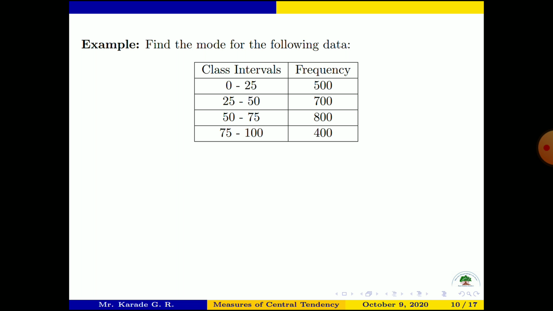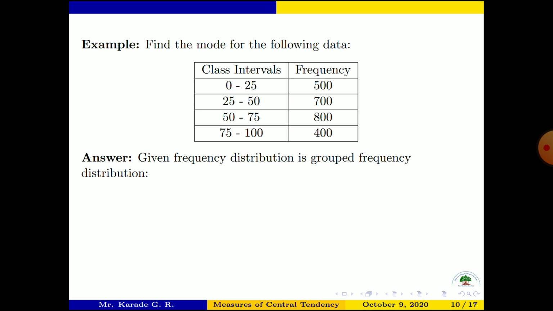To find the mode of this grouped frequency distribution, we will use the three steps which we have learned in the previous slide. The given frequency distribution is a grouped frequency distribution.